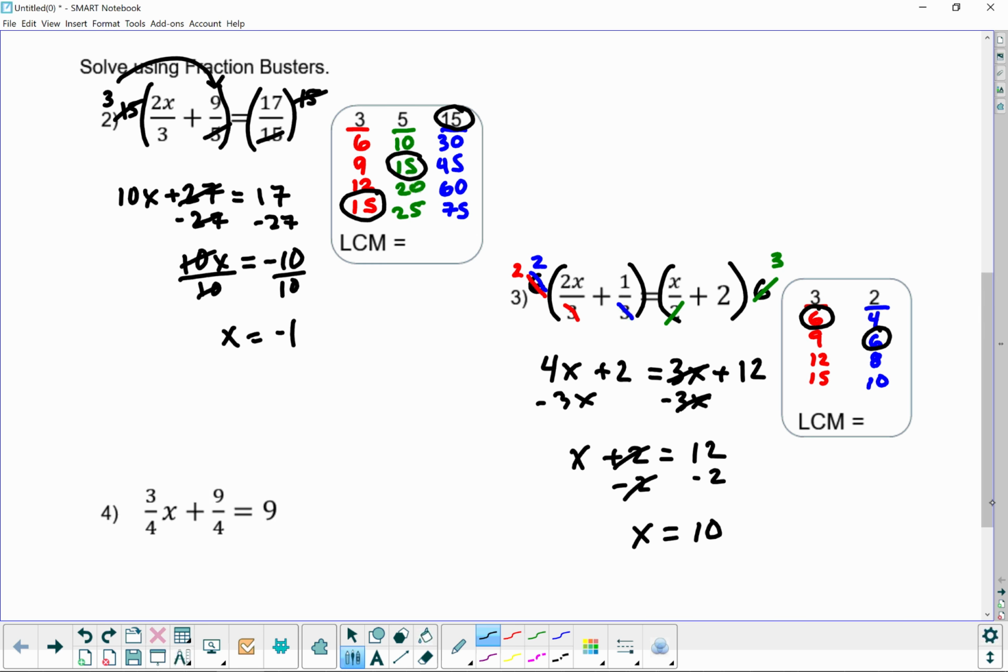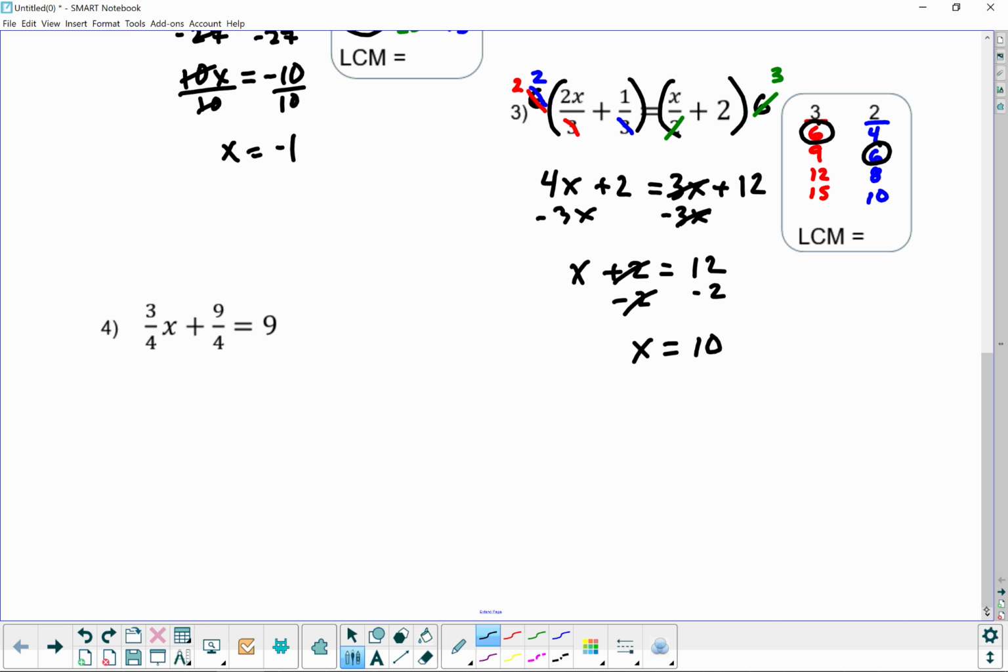All right, and then the last one, number 4. It looks like it doesn't have any other fractions, so we're just going to multiply by 4, because that's the only way to get rid of the 4. The 4's cancel, leaving you 3x, and the 4's cancel, leaving you a plus 9.